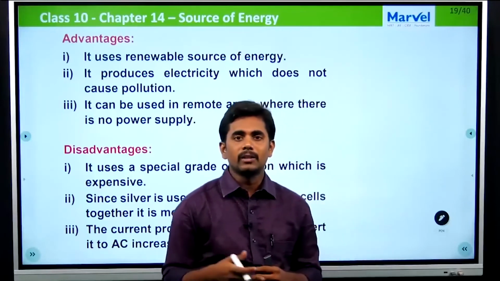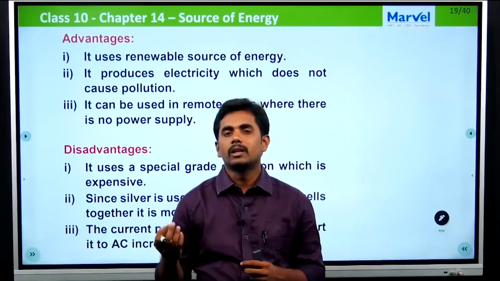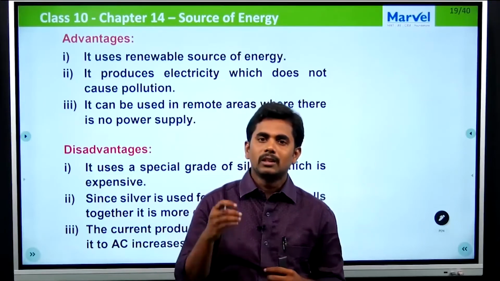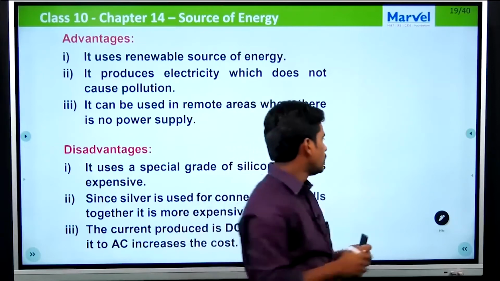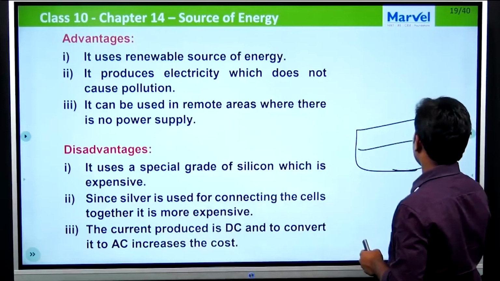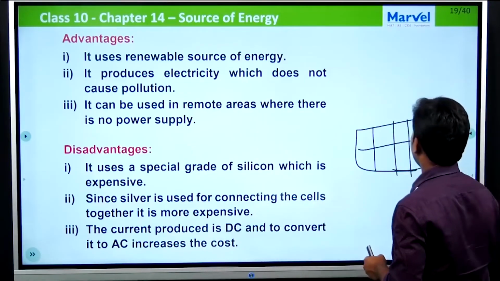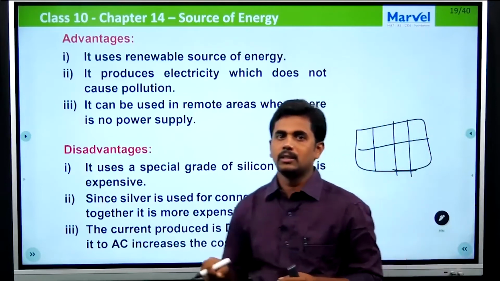Silicon is expensive. Silver is also used for connecting the cells. If you observe the solar panel, silver strips will be in between, and silver is used for connecting the cells together.